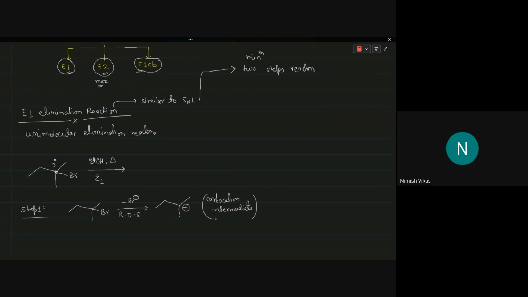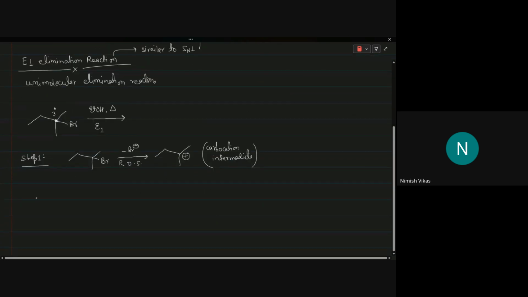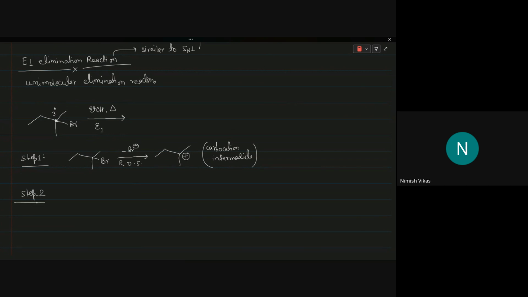Now, in step 2 of this reaction, there is abstraction of beta hydrogen. So this carbocation is there, sir. This particular carbocation has two types of beta hydrogen. What are those beta hydrogens, sir?